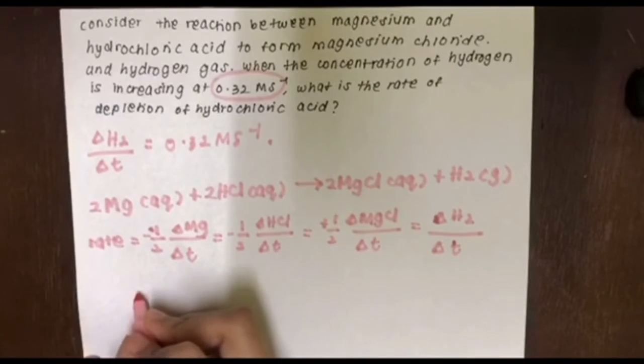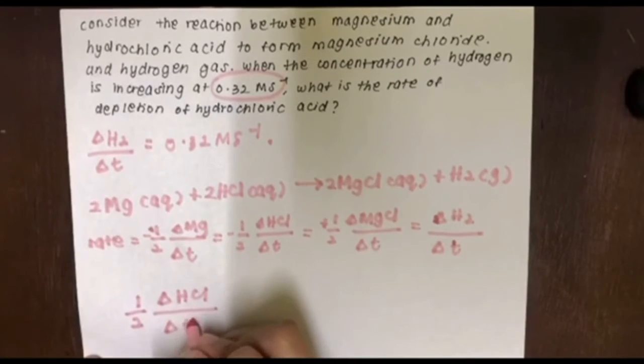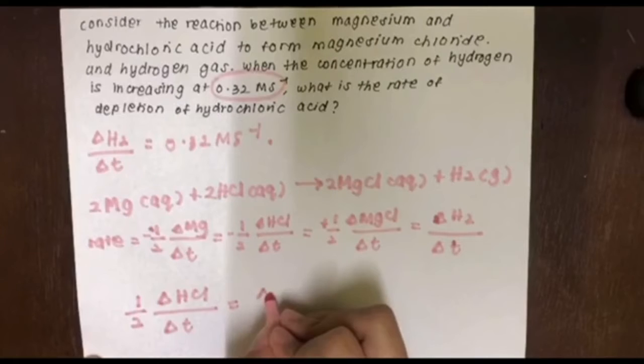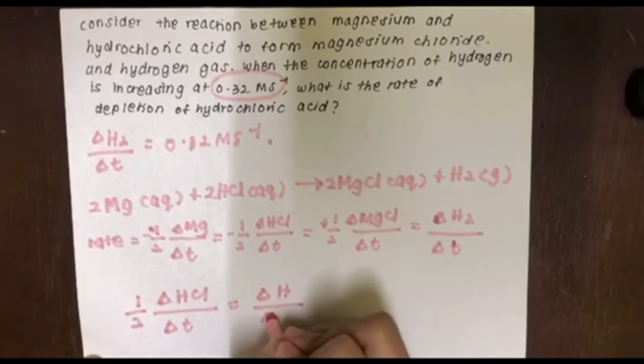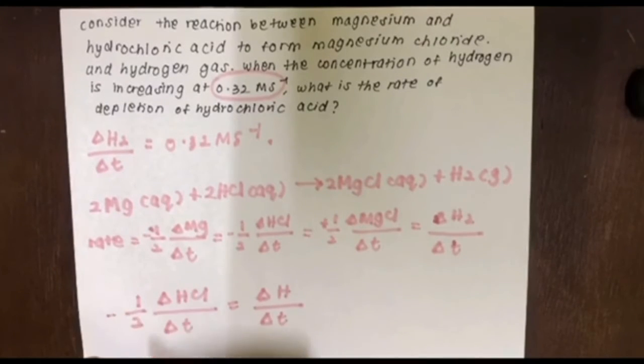Next, I know that the question wants the rate of depletion of hydrochloric acid. So delta hydrochloric acid over delta t equals 2 times delta hydrogen gas over delta t.